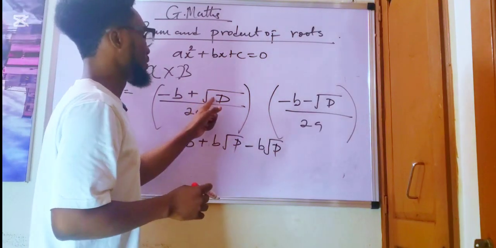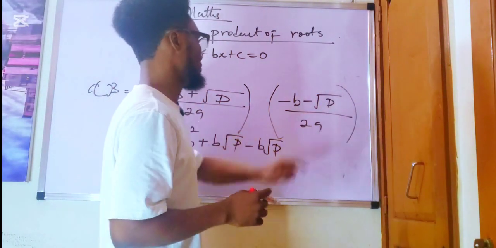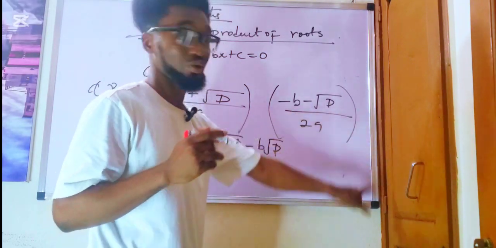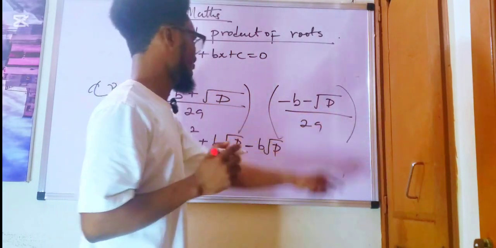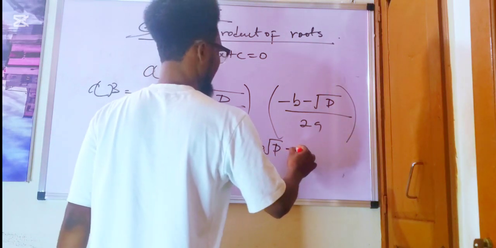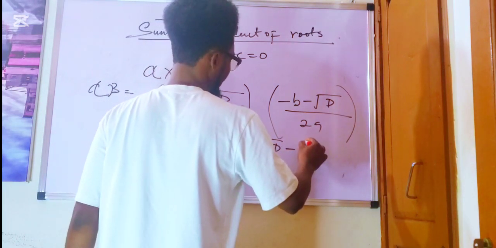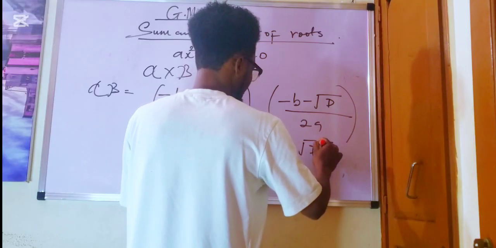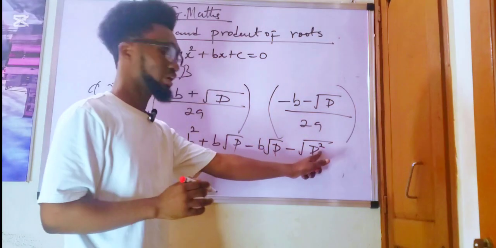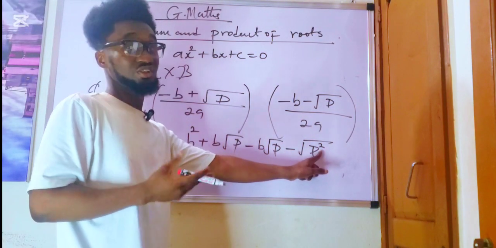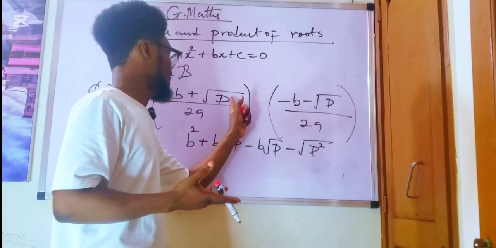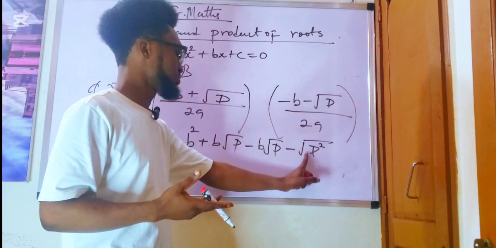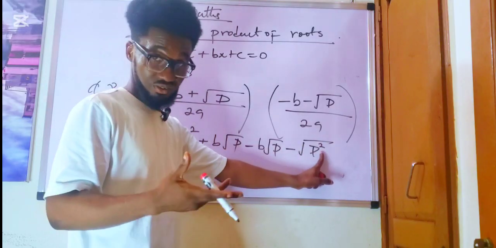Now square root of d multiplied by square root of d, remember the place sign, minus square root of d. So when this multiplies this, we have minus square root of d squared. Let me just put it this way, but of course you know that the answer to this is d. Square root of d multiplied by square root of d, the answer is d, because the square root of d squared is d, right?